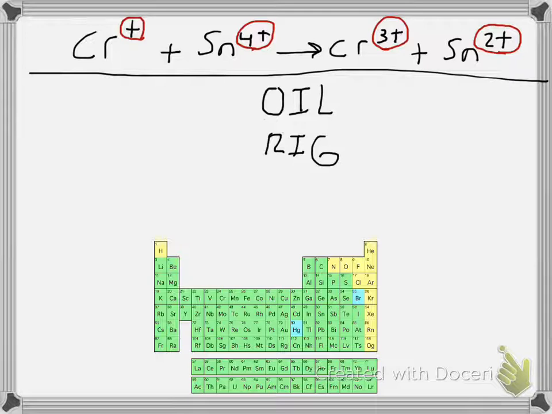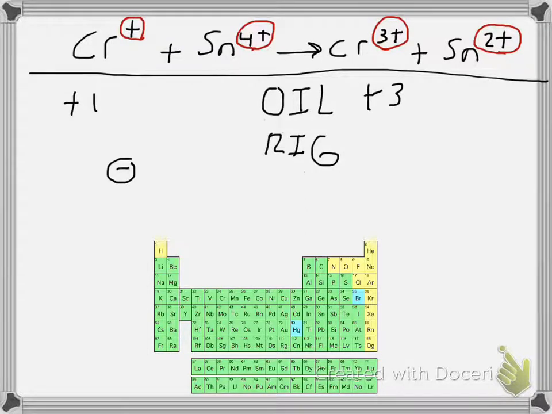So let's look at chromium, Cr. Here chromium occupies a +1 state, and over here it occupies a +3 state. The reason that shift in oxidation states occurs is because chromium is actually losing electrons. If you think about it, electrons are these negatively charged little circles, and the more you have of them, the more negative your element is going to be, right?